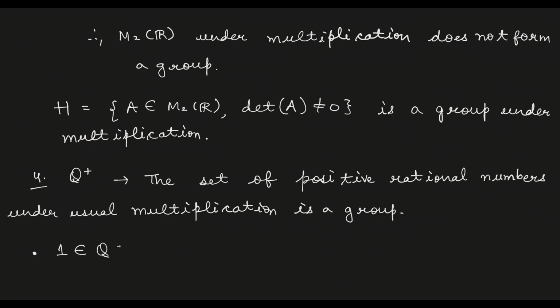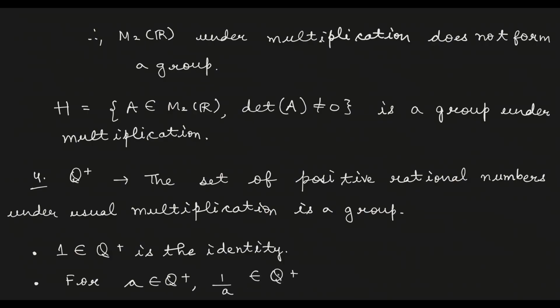One belongs to Q plus. This is the identity. For A belongs to Q plus, 1 upon A belongs to Q plus, which is the inverse.